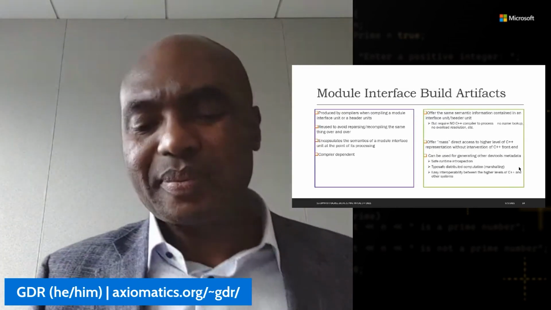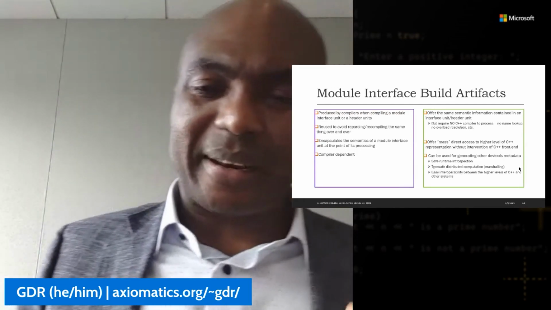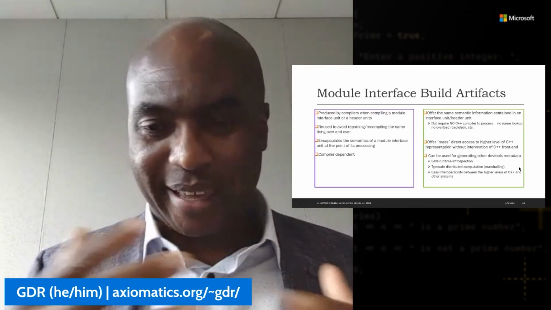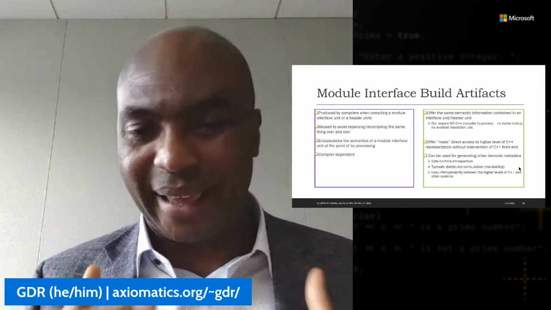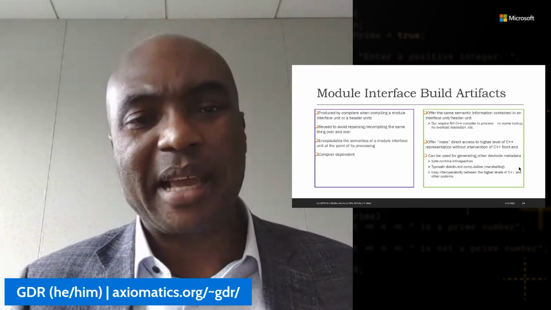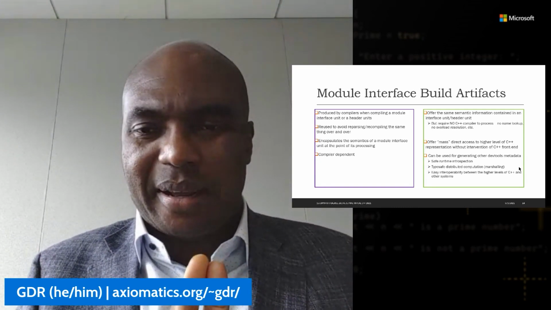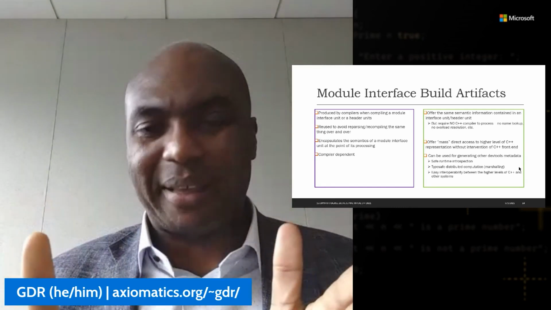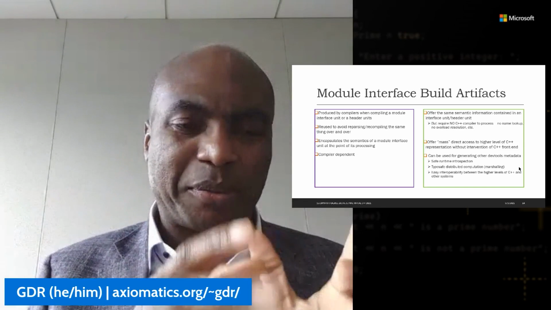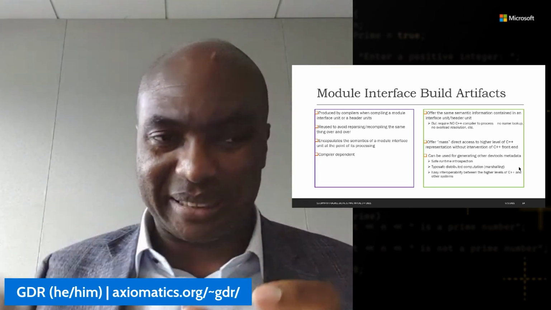With modules, one thing that changed the game of compiling and using modules is that now you have a clear separation of interface from implementation. You're telling the compiler, this is what everybody else needs in order to use this component.